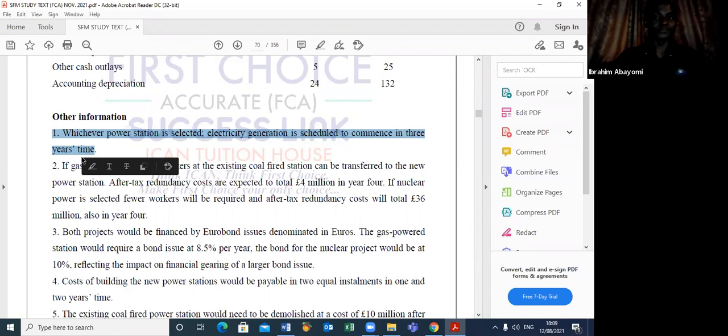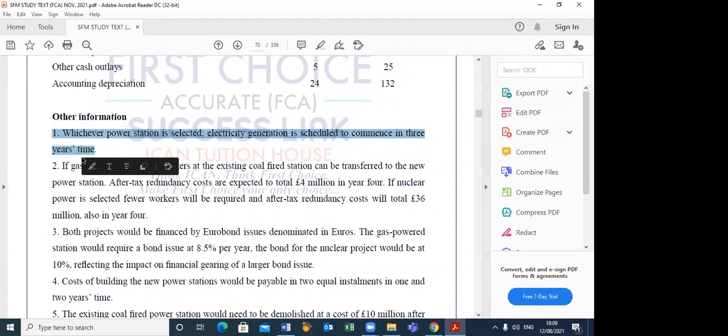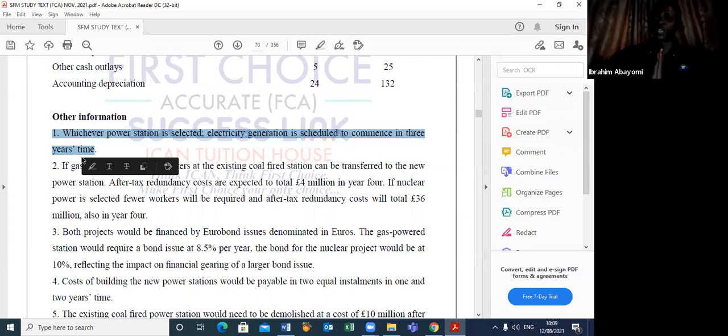One year's time will be January 2022. True or false? 2 years' time will be January 2023. 3 years' time will be January 2024. So it means I want my business to commence operation from January 2024. Do you understand?